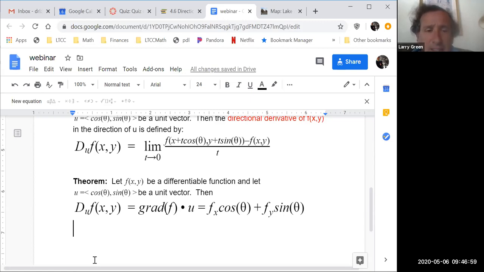So this is actually the derivative of f of a function. But I don't think I'm going to type out all the details because we only have so much time. If you look at this limit, this is also the derivative of a function of t. Do you see that?